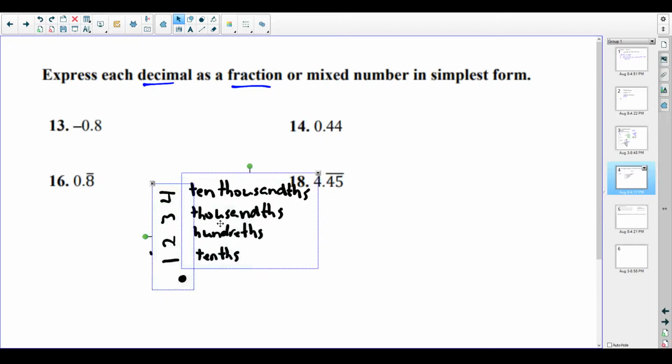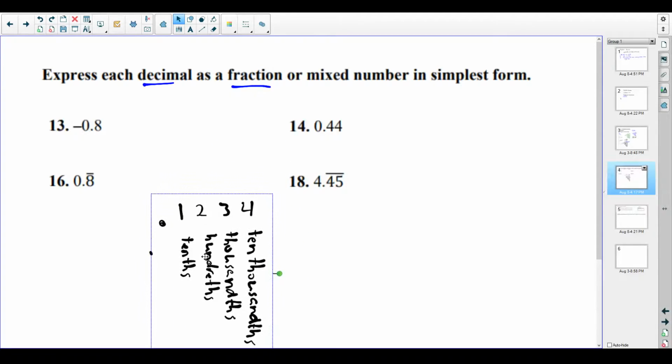forever. The only thing you have to remember is that there is no ones place. So we start at the tenths. Okay. And then if you want to read a decimal, you just look at the number furthest to the right. So in this case, this is 4.